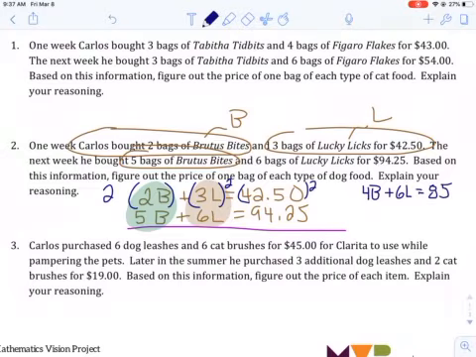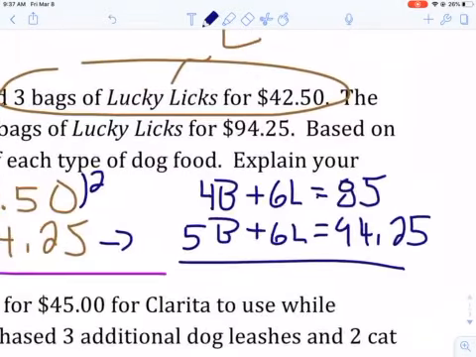Here's why I like it. I can take this equation here, the second one, bring it on over, and you'll notice something really good. We like this. Writing's not perfect, but that's okay. I can now cancel out my L's because they have the same coefficient.